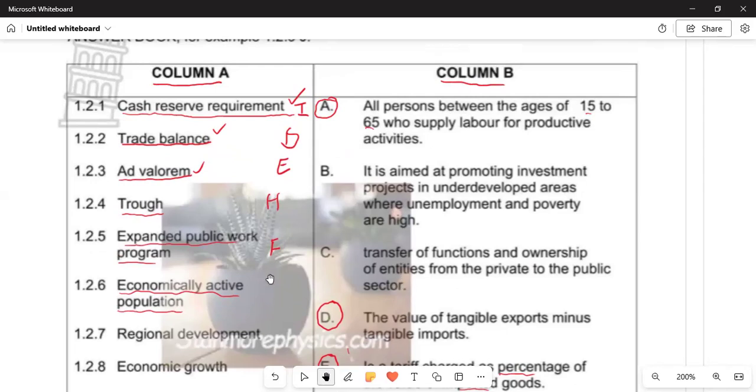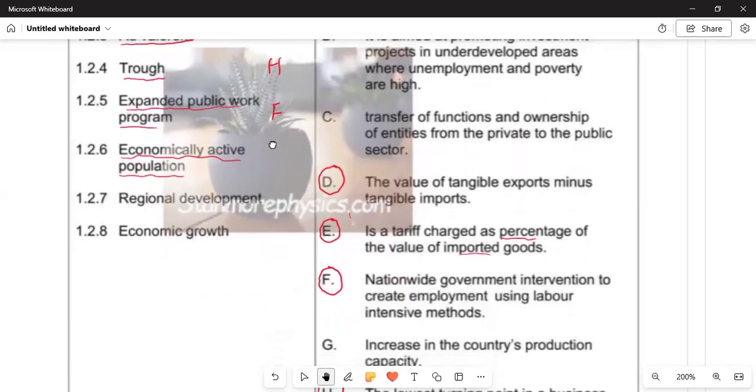So A is the correct answer. A is the correct answer when you're talking about the economically active population, people who are working or actively seeking work.